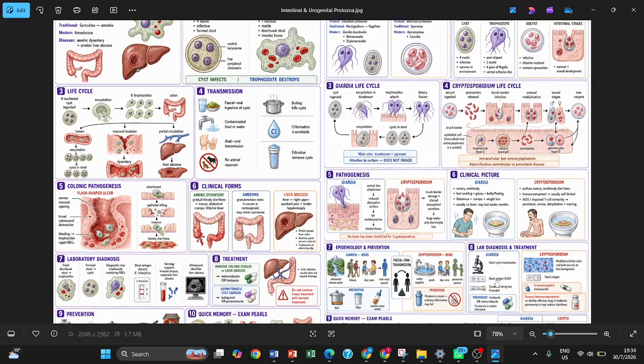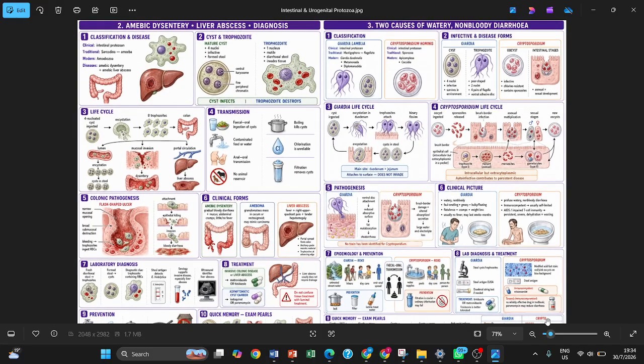But if you're trying to reduce the diarrhea a bit, you can give them paromomycin, which can actually reduce the diarrhea. And as for asymptomatic carriers of Entamoeba histolytica, you can also give them paromomycin and iodoquinol. And that's it for the first three.